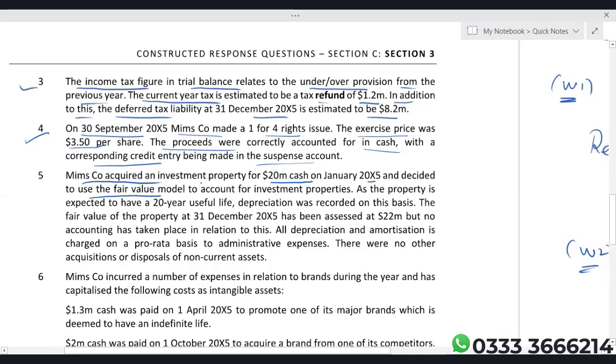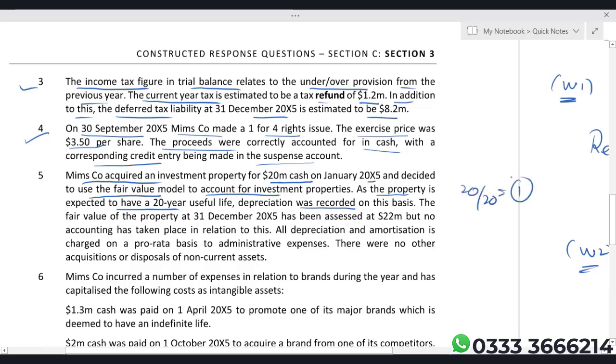MIM Company acquired an investment property for 20 million cash on January X5 and decided to use the fair value model to account for the investment properties. As the property is expected to have a 20-year useful life, depreciation was recorded on this basis. So actually you made a mistake. You should not have recorded the depreciation, so we have to reverse that.